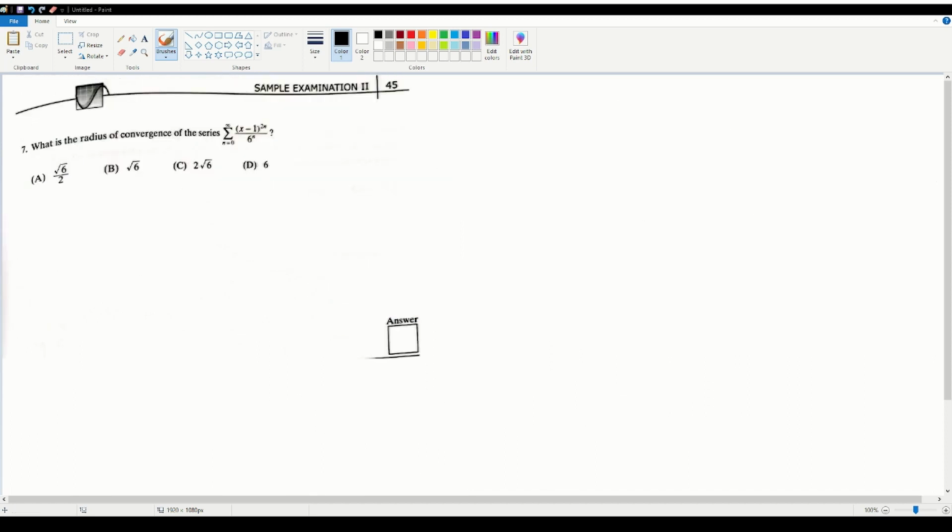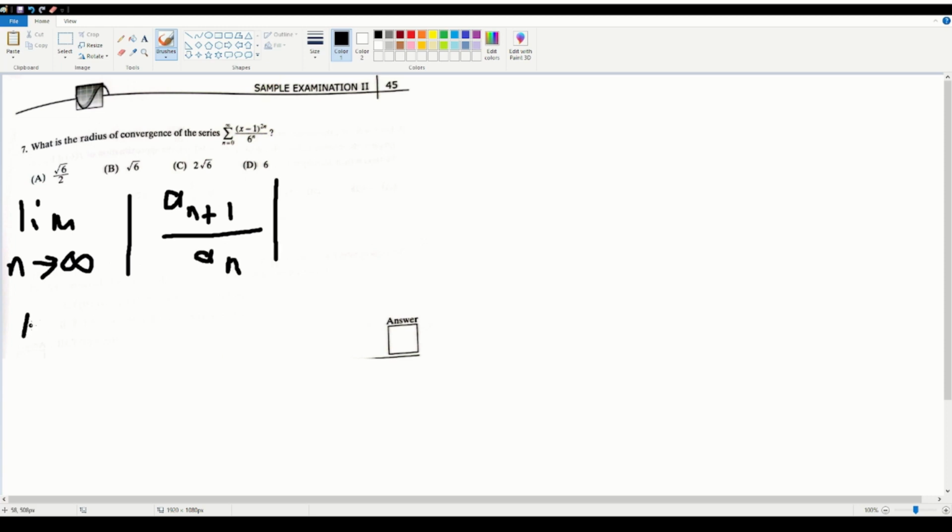Question 7. What is the radius of convergence of the series you see here? So if you remember, in order to solve for a radius of convergence, you have to do the limit as n approaches infinity of the absolute value of a n plus 1 over a n.